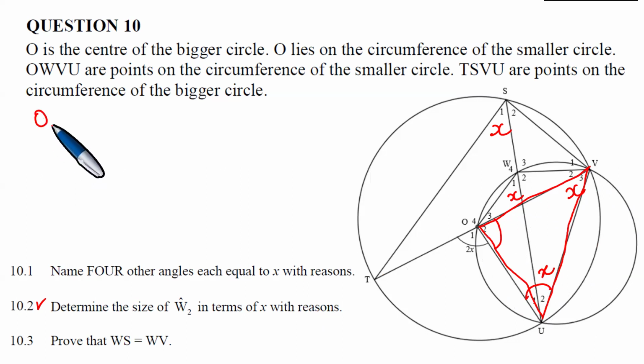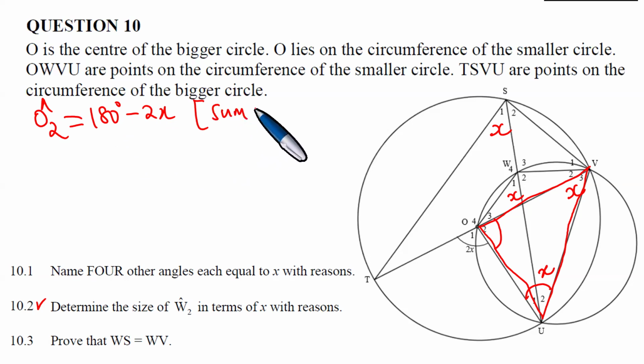Therefore the angle O2 equals 180 degrees minus double x. Why is that the case? Sum of angles in a triangle.